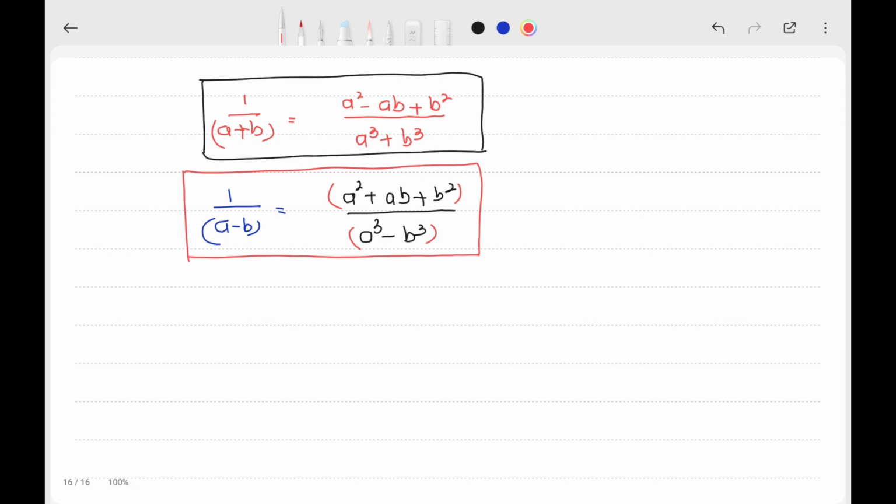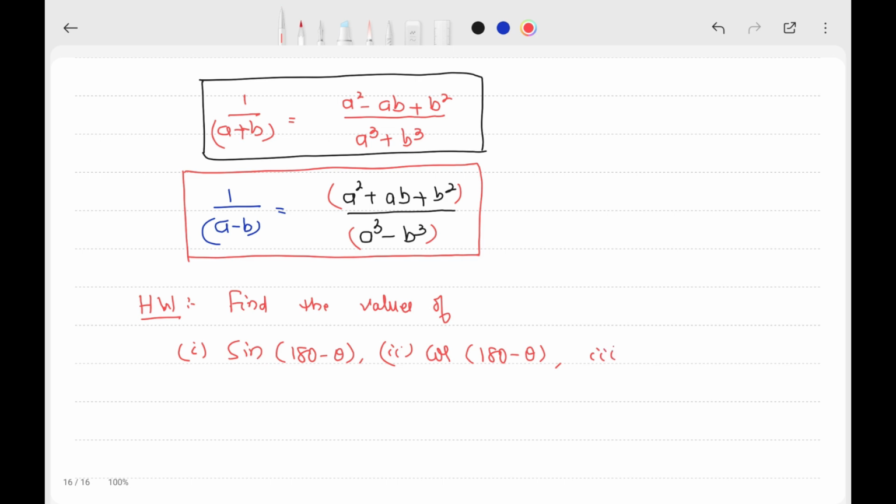Now, I'll give some good homework. Please do this homework. Find the values of 1. Sin 180 minus theta. Cos 180 minus theta in terms of theta.